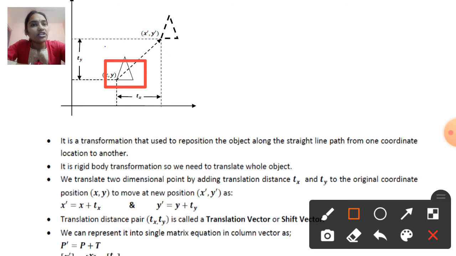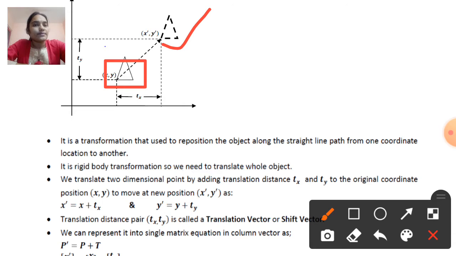The object is moving from this position to this position. So in translation we move the object from one location to another location. Let us discuss in detail.